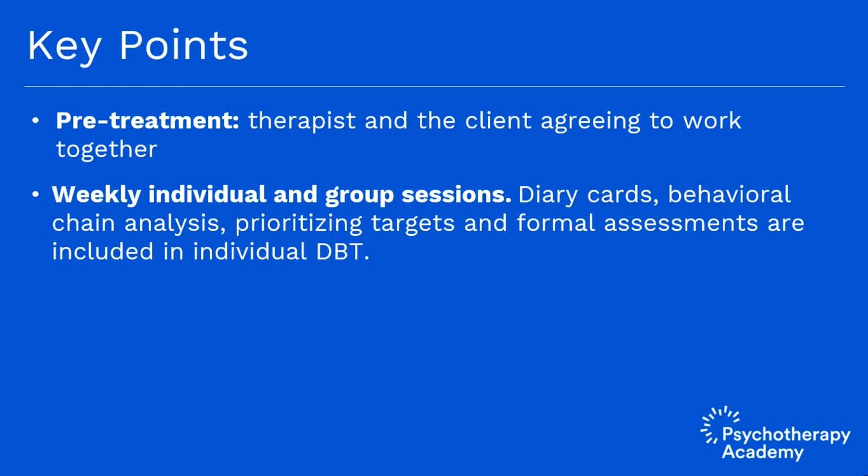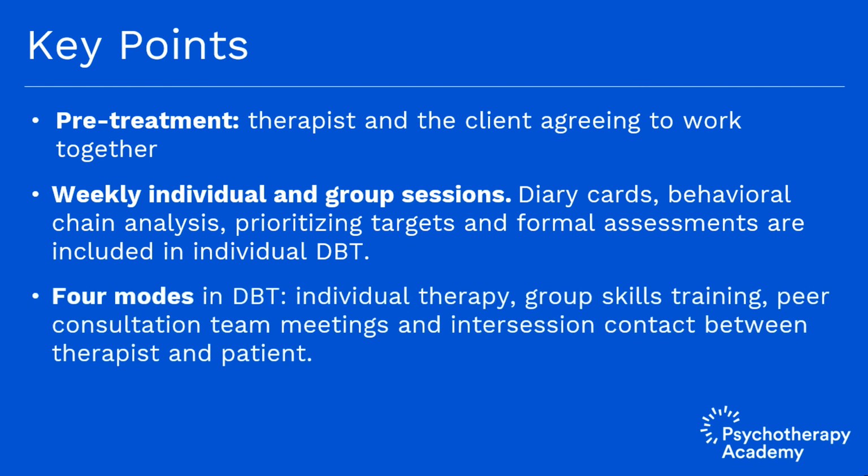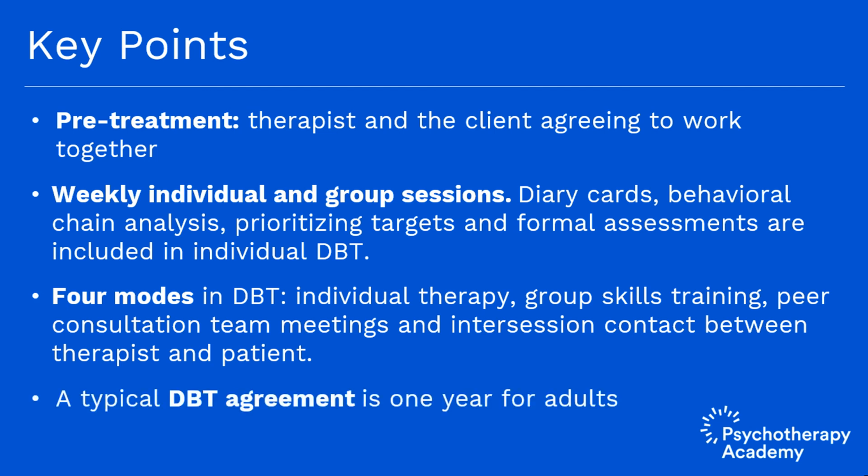Diary cards, behavioral chain analysis, prioritizing targets, and formal assessments are included in individual DBT. There are 4 modes in DBT: individual therapy, group skills training, peer consultation team meetings, and intersession contact between therapist and patient. A typical DBT agreement is 1 year for adults, and the structure is different for adolescents.